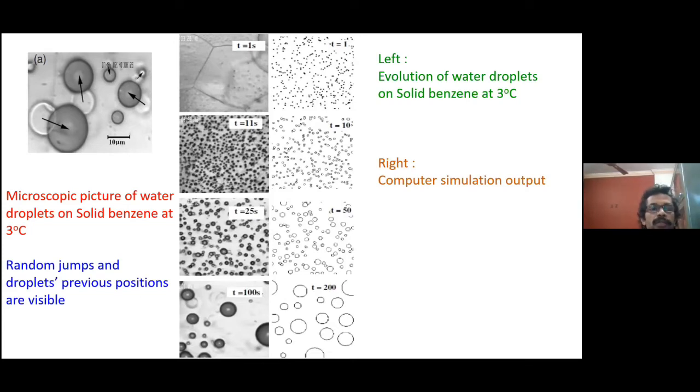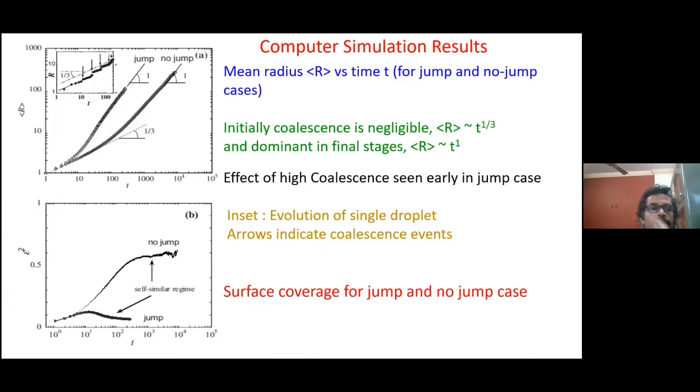Then what happens is a comparison between the normal case, where droplets are just getting bigger because new vapor is coming, plus they are getting coalesced, but there is no motion, no jump. But droplets jump when they are getting condensed on phase changing material. One can easily see that coalescence events get started from early time itself.